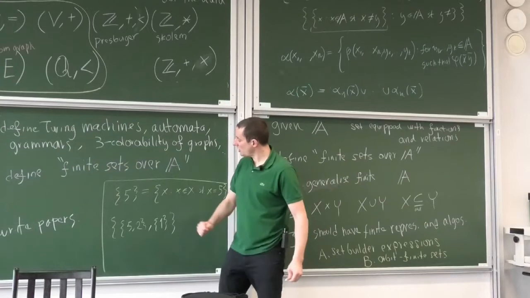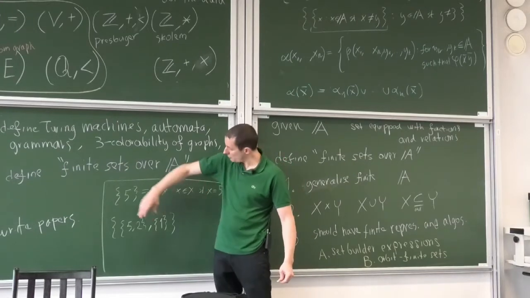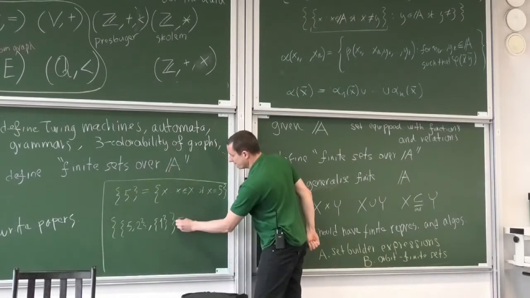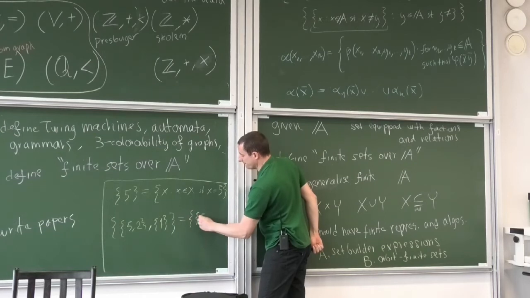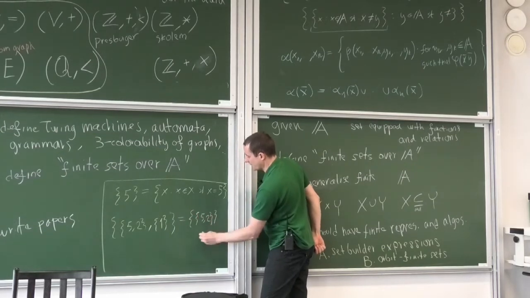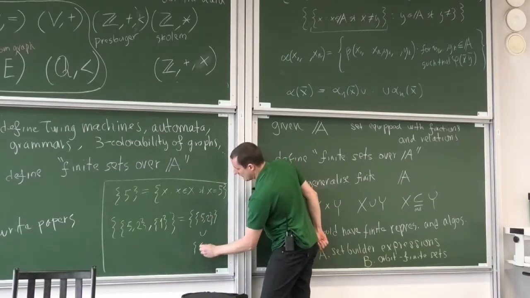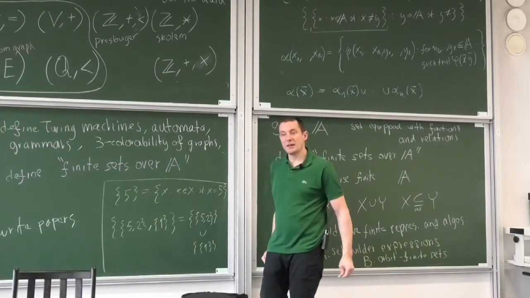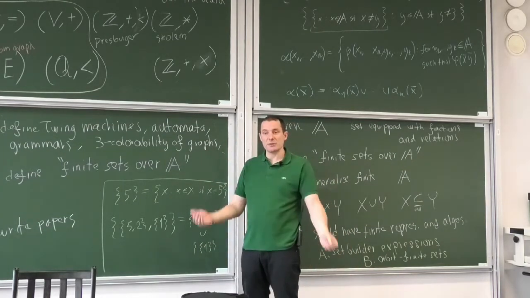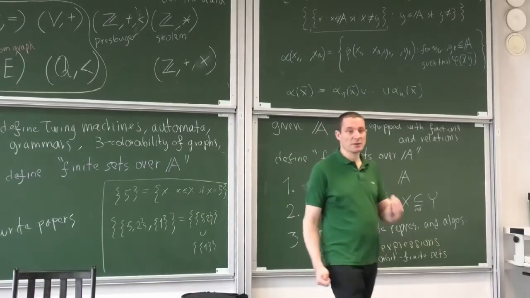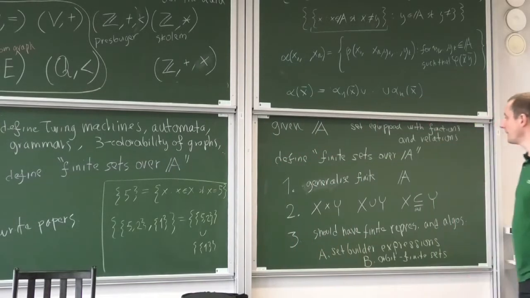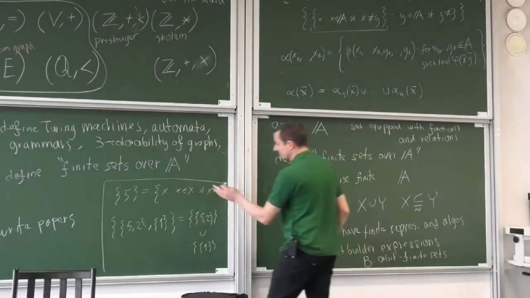Well, this is the union of two sets, one of which is the singleton, union 1, and then you can describe these in some way using these. Shouldn't it be x in A, not in? It should be, yes.